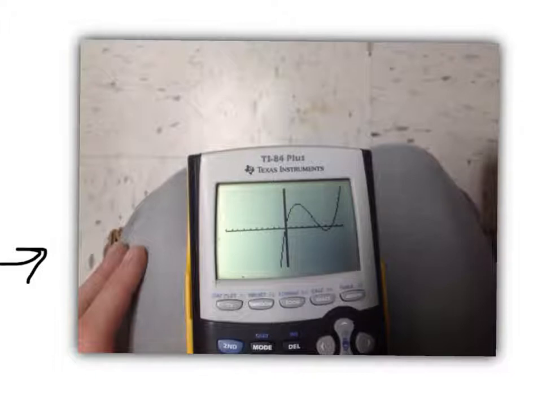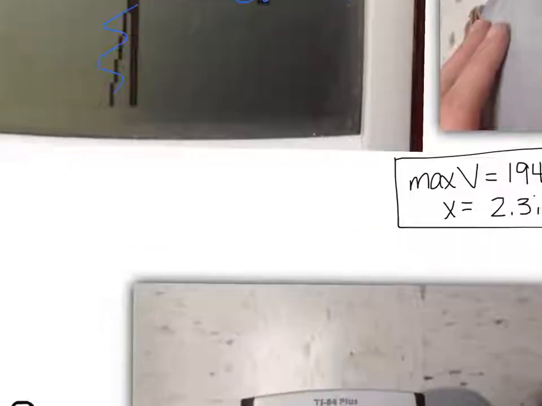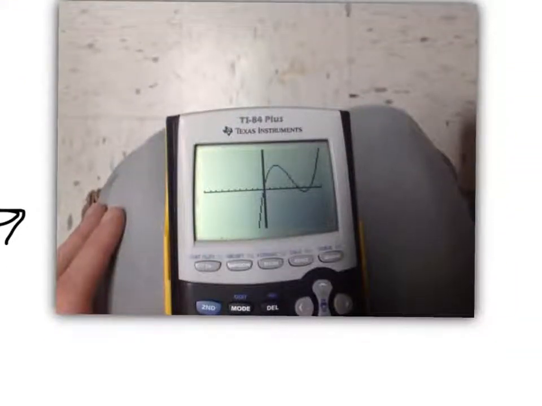So like this graph, we have our maximum. We've already figured that one out. Then you would find your minimum down here. Same steps, you just select minimum. And then how many zeros does this one have? 3. 1, 2, 3. So you would have to find the zeros 3 times.